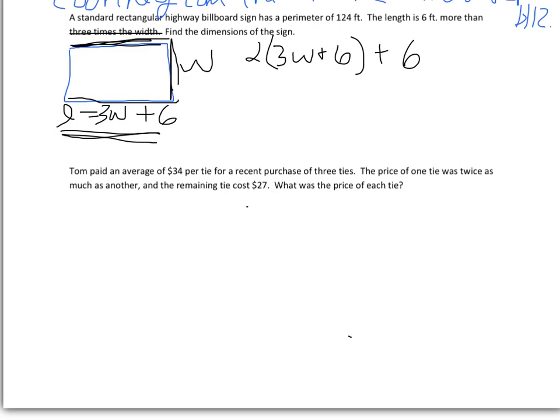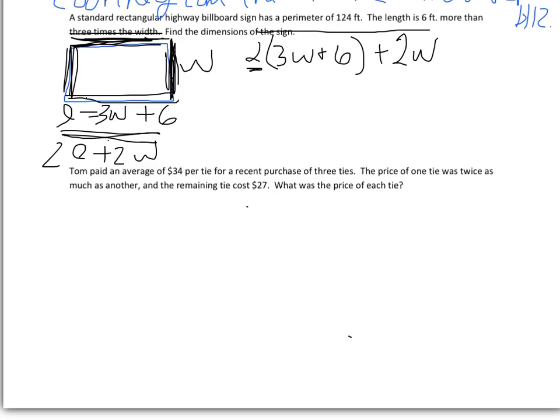Sorry about that, this is a w, so we should have plus w, and then another w. So really we have 2 w's. That makes sense because the perimeter is 2 lengths plus 2 widths for a rectangle. The perimeter is also 124 feet, so this equals 124.